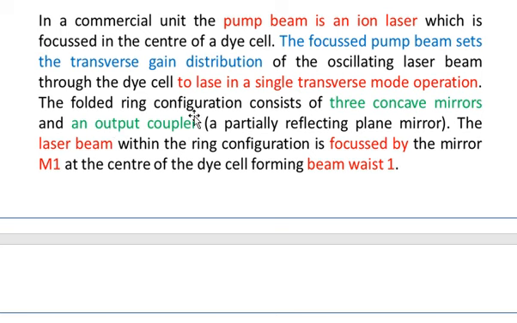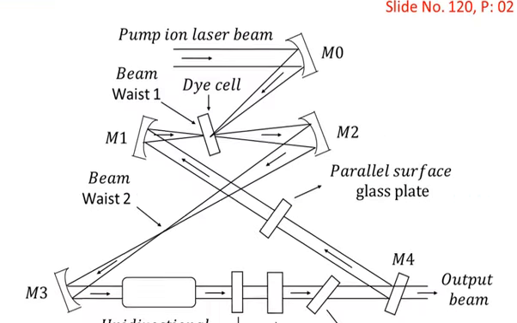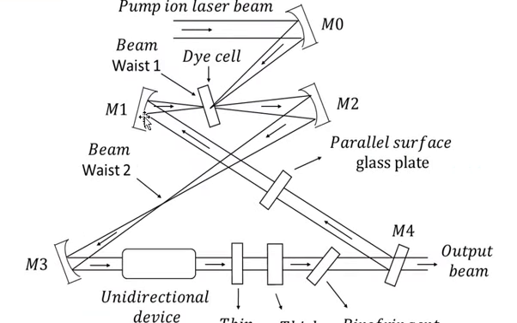The folded ring configuration consists of 3 concave mirrors and an output coupler, a partially reflecting plane mirror. So let me show you the 3 concave mirrors. One concave mirror is M1, the other concave mirror is M2, the third concave mirror is M3.